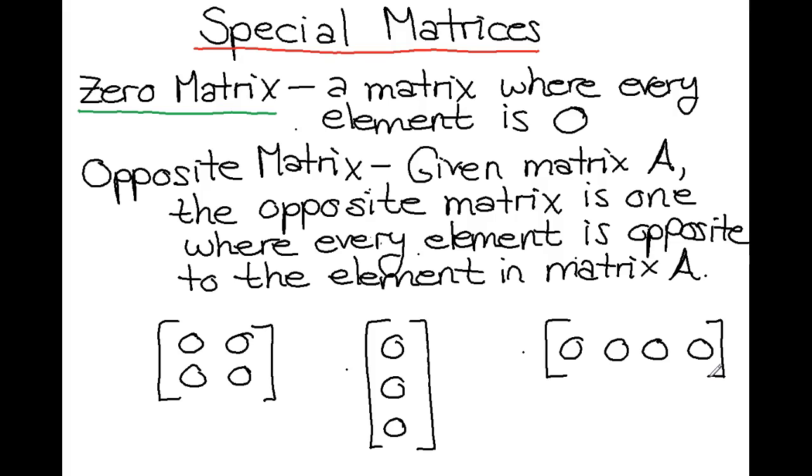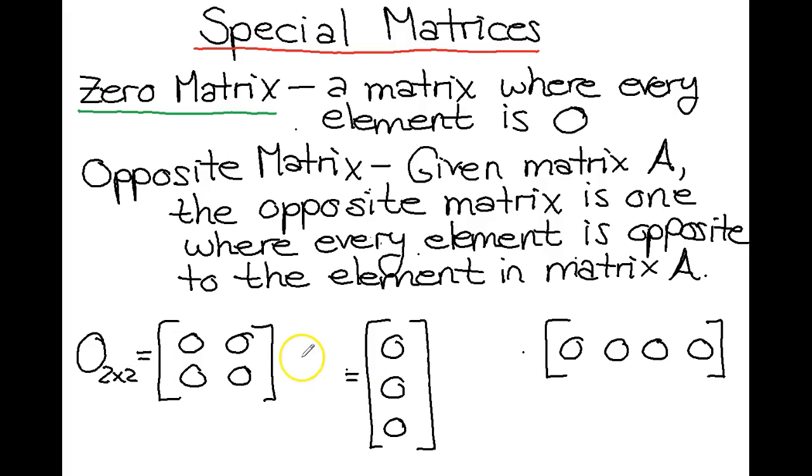If you need to use the zero matrix, you can reference it with a 0 and then the dimension of the matrix that you want to have all zeros. So for instance, a 2 by 2 zero matrix would be a 0 with subscript 2 by 2.